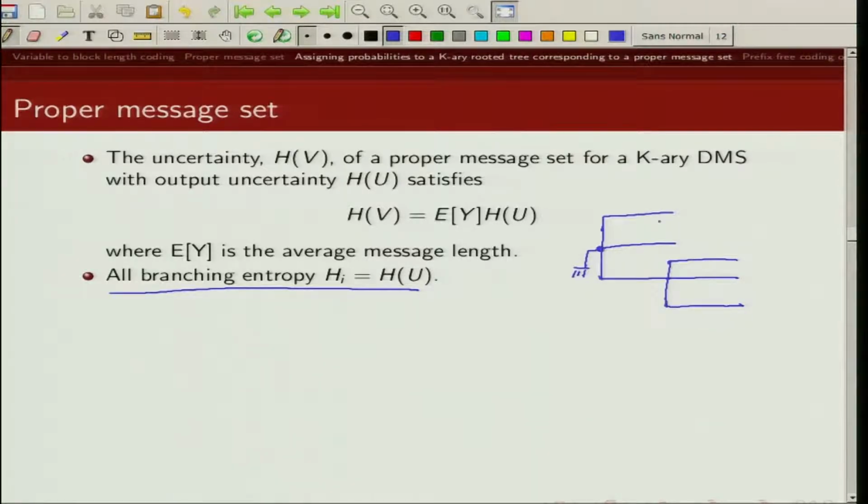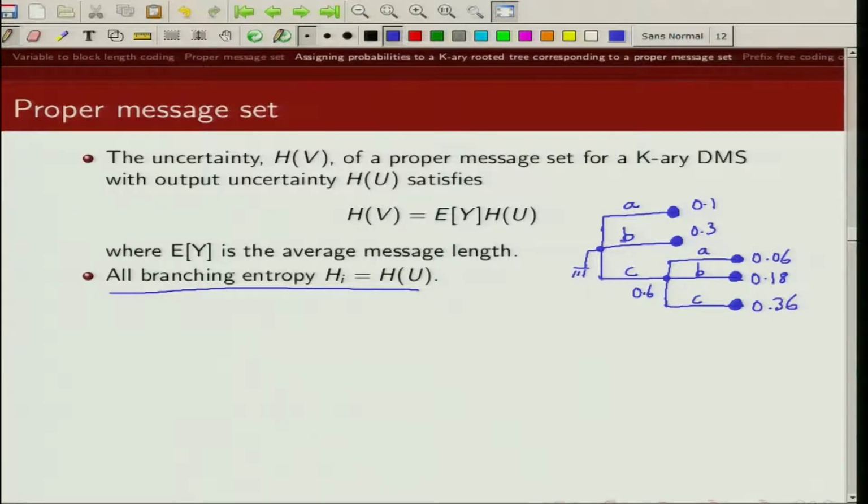This is my root, this corresponds to letter A, this corresponds to letter B, this corresponds to letter C. So this is CA, this is CB, this is CC, and the probabilities were 0.1, 0.3, 0.6, and then 0.06, 0.18, 0.36.